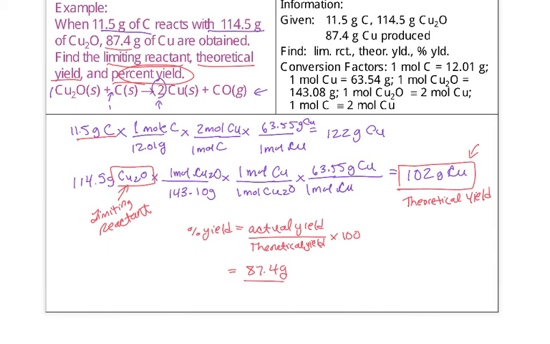So 87.4 divided by 102 times 100 gives us 85.9% yield.